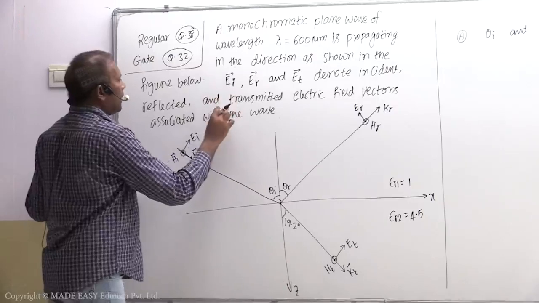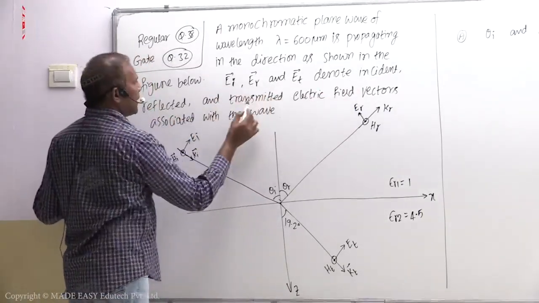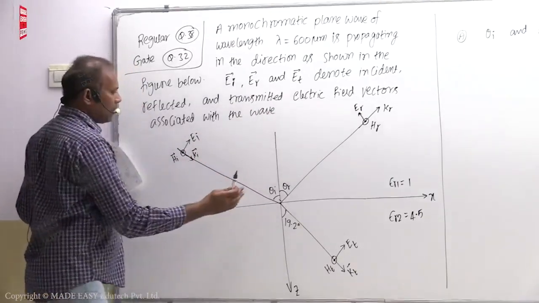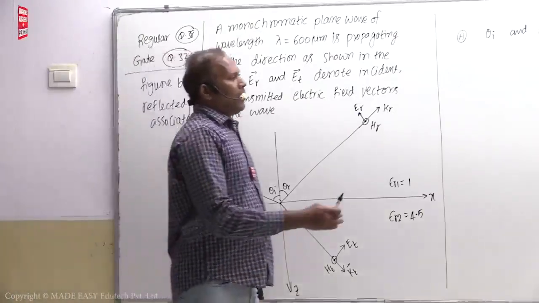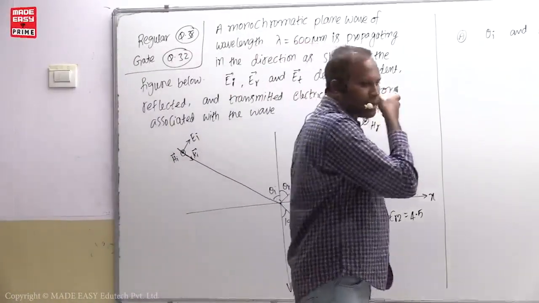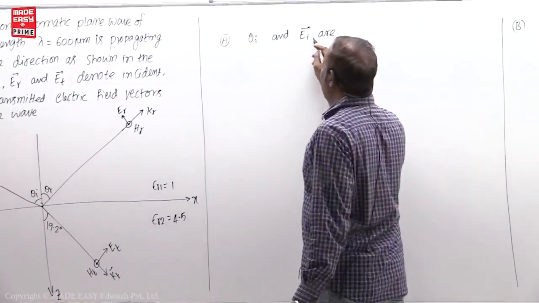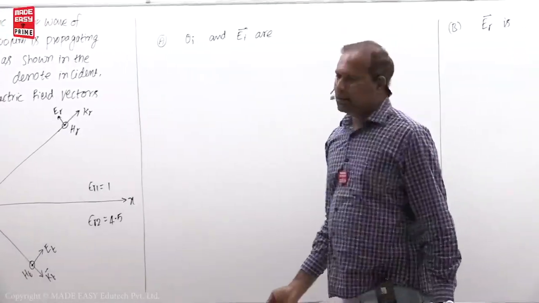Now E_I is incident and E_R is reflected and E_T is transmitted electric field vectors associated with the wave respectively. Now actually it is a GATE question, 4 marks, 2 marks, 2 marks. And what is theta I value, and E_I bar equation, and here what is E_R bar equation, it is asked.